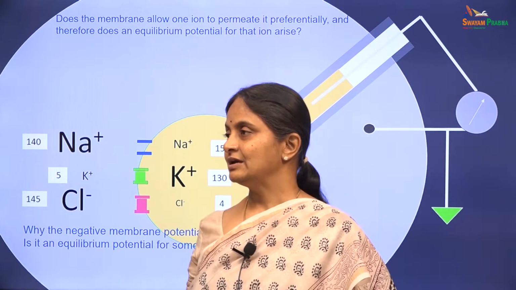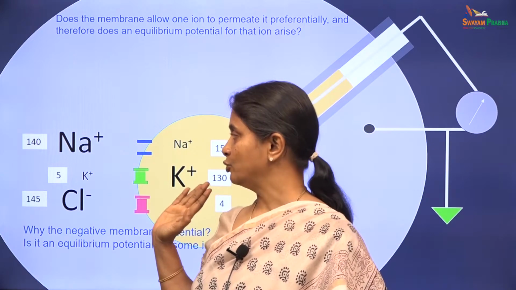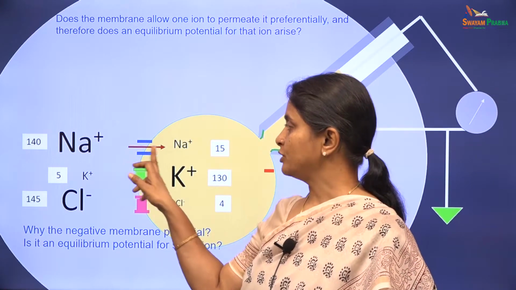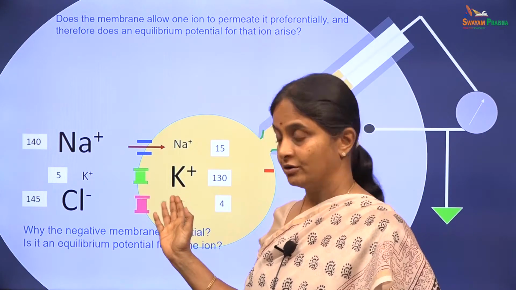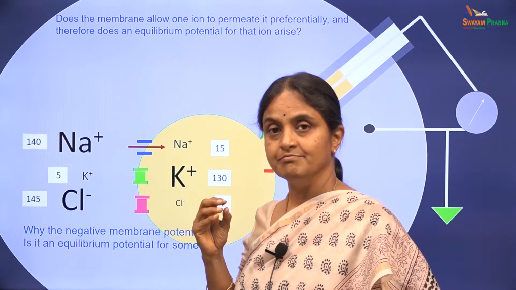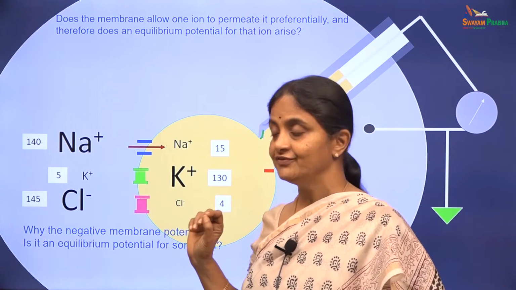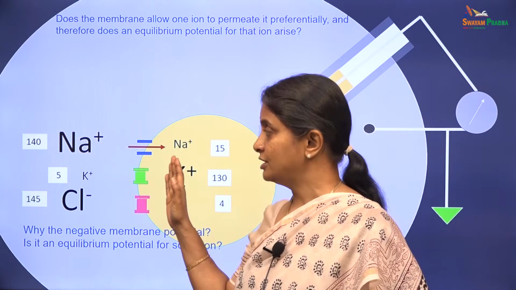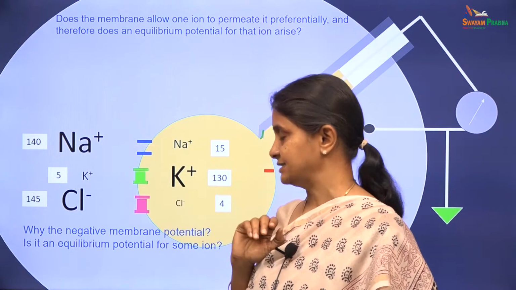Theoretically, if we could think of a time 0 when the sodium channel suddenly opened, then there would be an inward current, but sodium influx cannot go on forever because it is not accompanied by an anion. Very soon, by soon I mean in the order of milliseconds, the inside of the cell will become positive, and when the positivity is of sufficient magnitude to balance the concentration gradient, then sodium influx would cease.